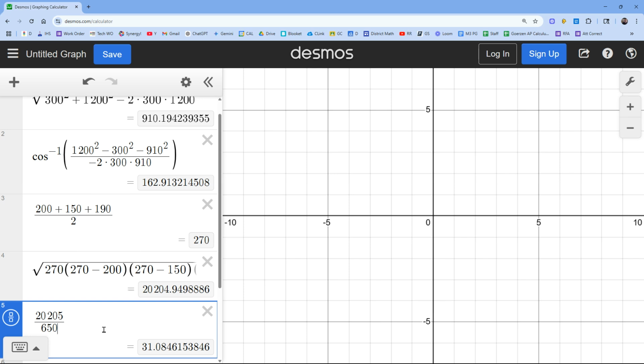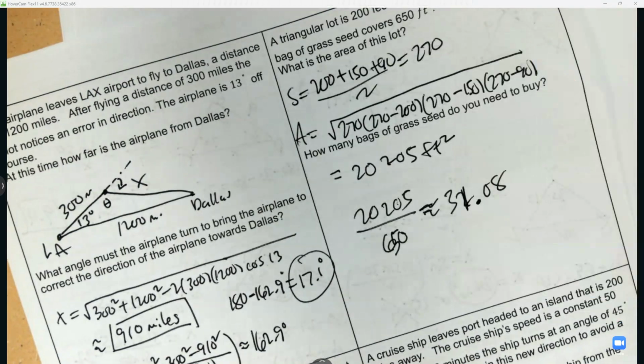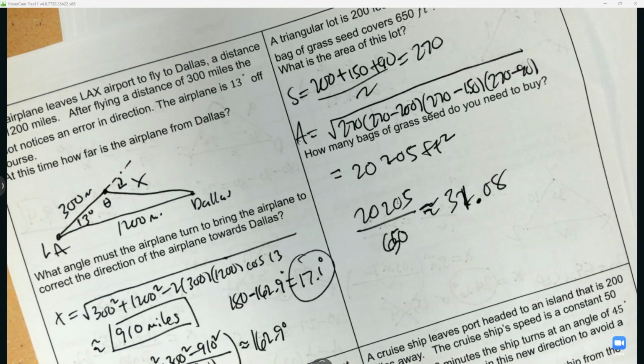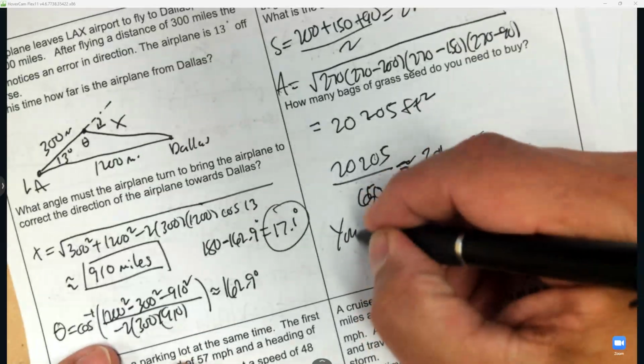And that means we need more than what we see. So 31 bags won't be enough because it's more than 31. So you'll need 32 bags.